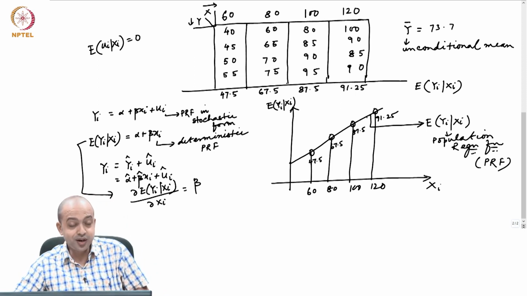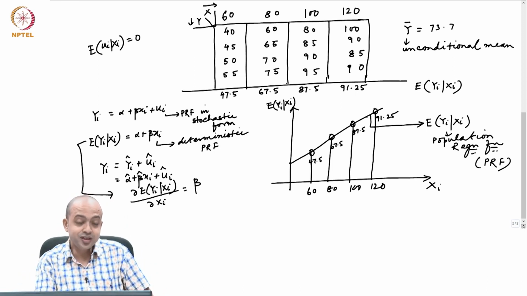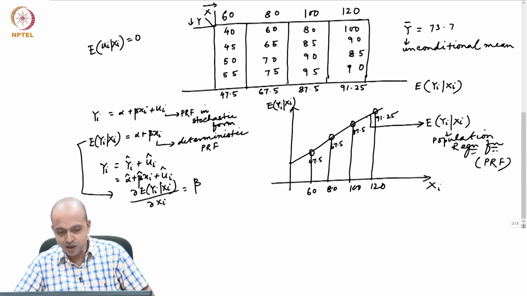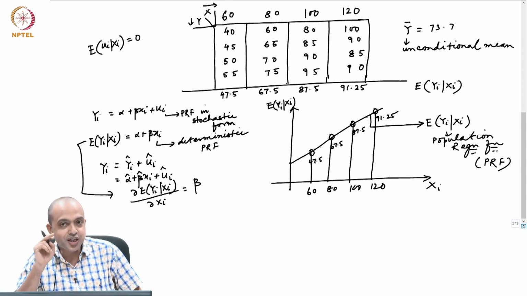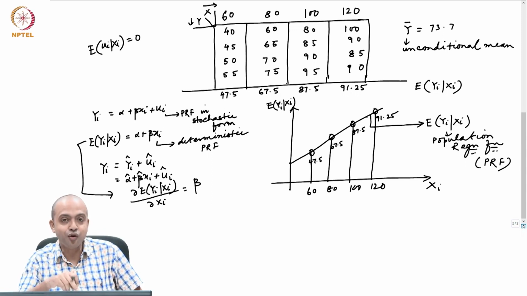How do you interpret this? For a unit change in xi, what changes is not actually y, but the expectation of y given xi. It means that for a unit change in income, consumption changes by beta amount on an average.